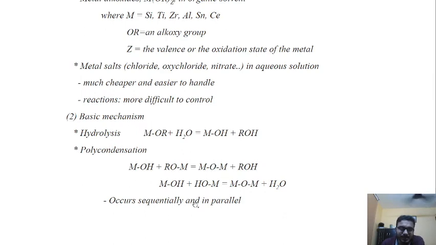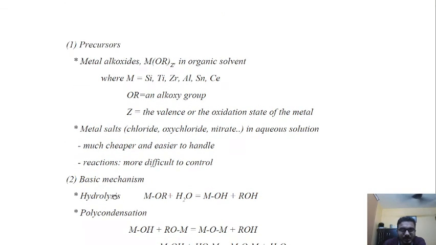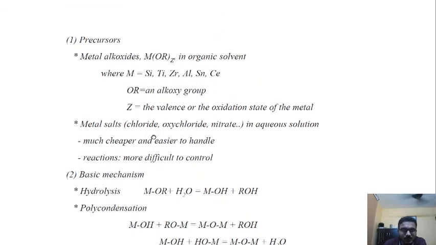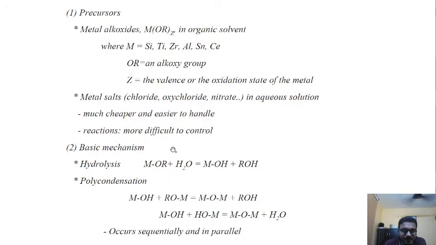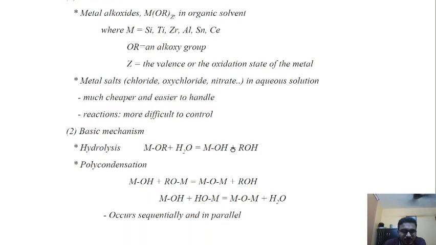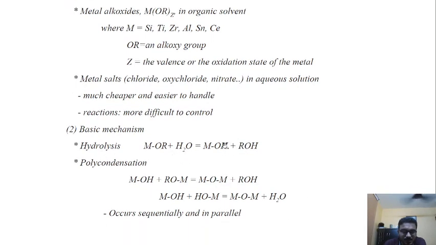Then the basic mechanism is also explained here. That is the hydrolysis process. We have MOR, which is already shown as a precursor, plus H2O. Then we get MOH, that is hydroxide, and ROH. So this is a hydrolysis process where we are getting these hydroxides.